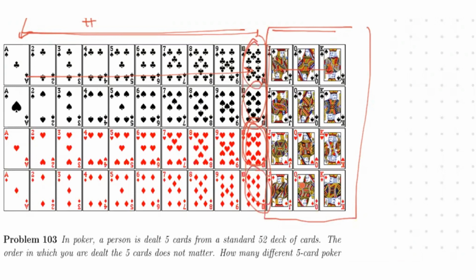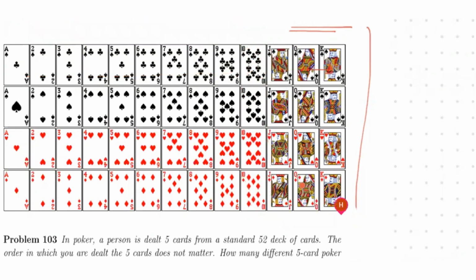A 52 deck of cards. Are we okay with this? Clover, spade, heart, and diamond, and this is the deck of cards.